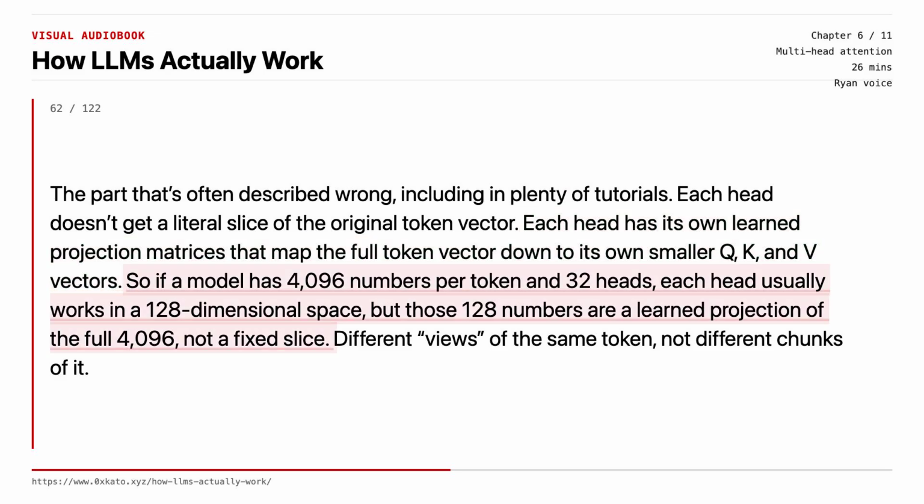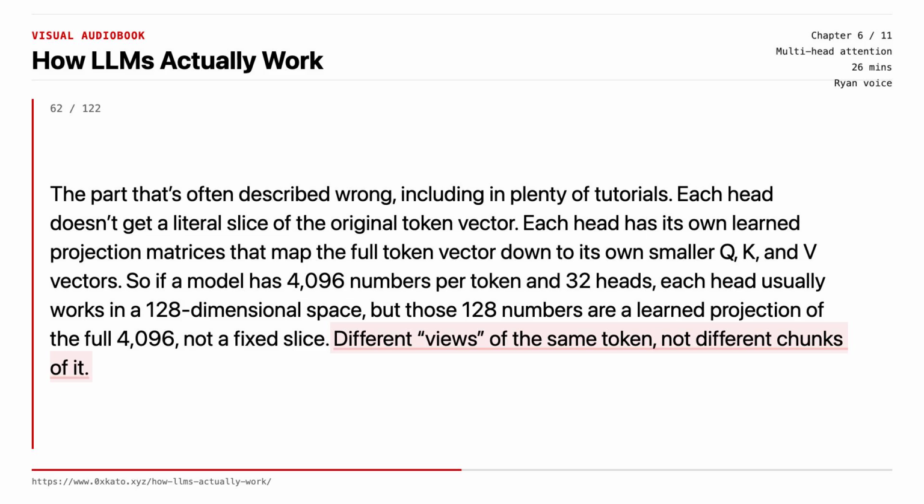So, if a model has 4,096 numbers per token and 32 heads, each head usually works in a 128-dimensional space. But those 128 numbers are a learned projection of the full 4,096, not a fixed slice. Different views of the same token.